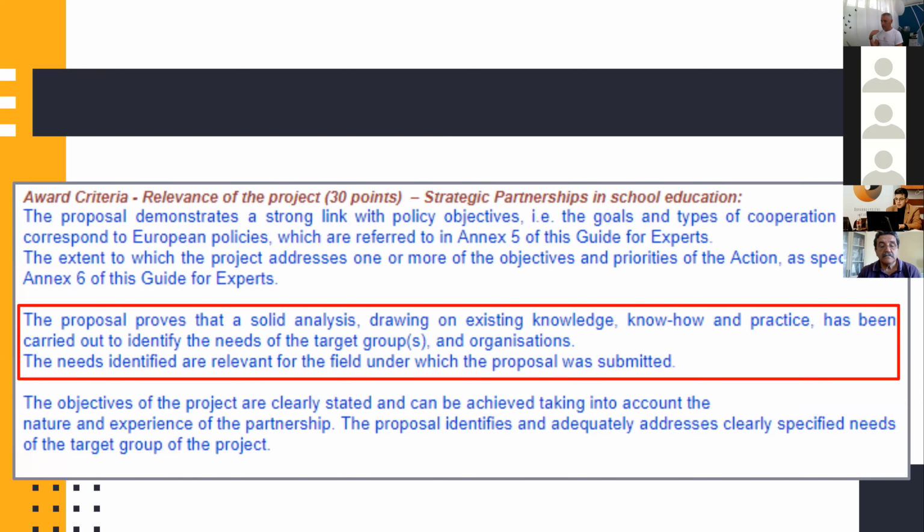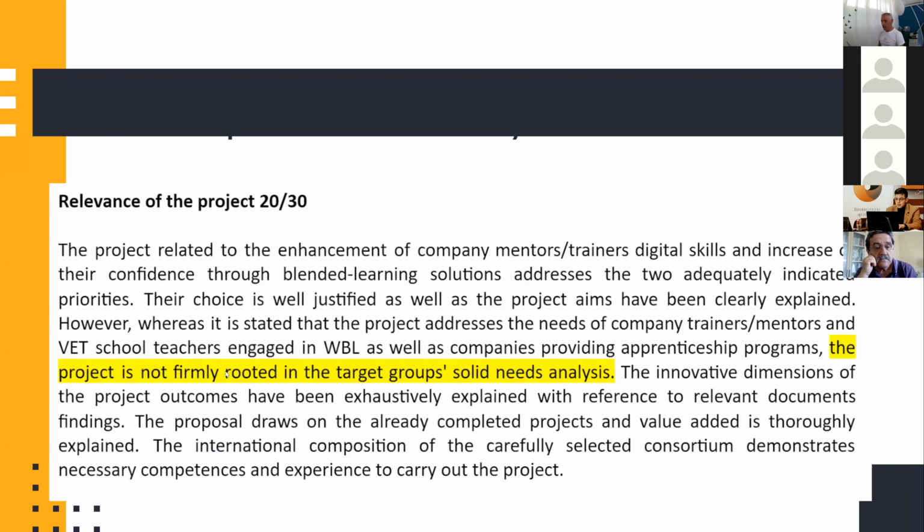And in this guide it is written that the proposal needs to prove a solid analysis drawing on existing knowledge. Existing knowledge means state of the art. Solid analysis means you need to really show that you did some analysis, and then you identify needs and the target groups and organizations, firmly rooted in the target group's solid needs analysis.